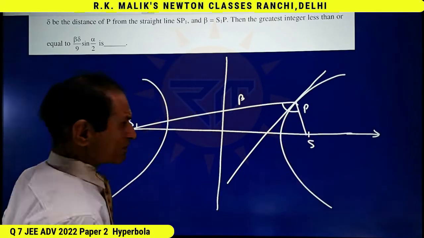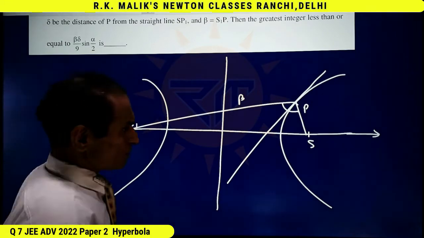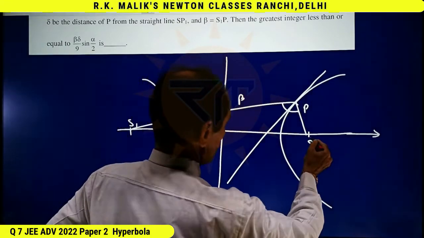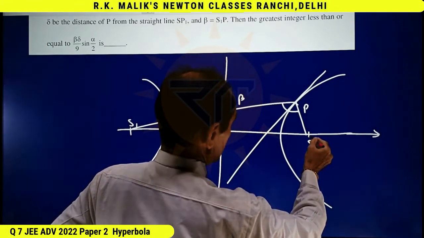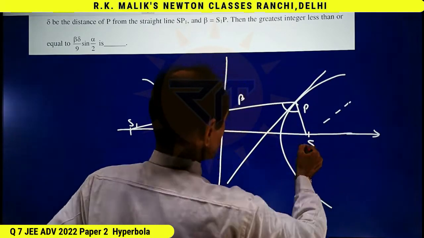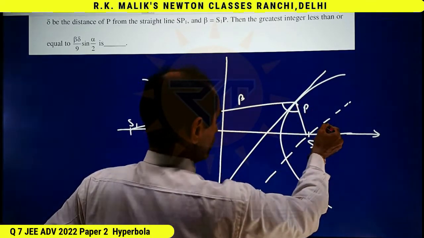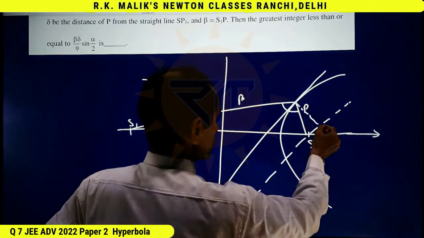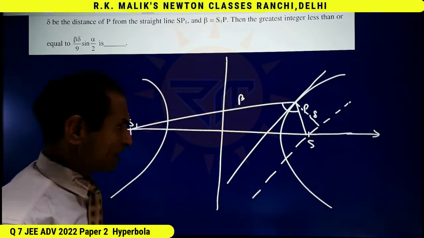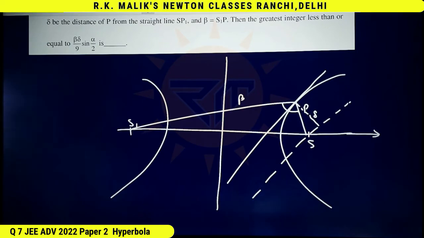This angle is given to you as alpha, and the last thing given to you is, if I draw a line passing through S parallel to the tangent, that is, I get this line, the distance of P from this line, this is delta, and you have to find the value of this.